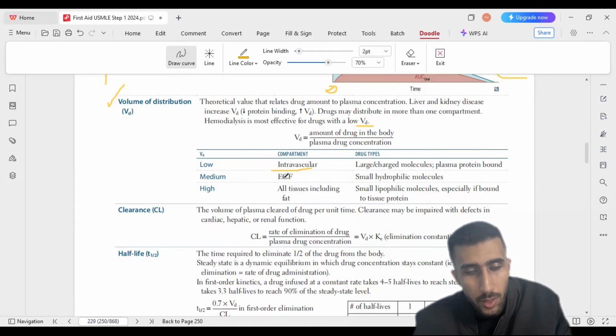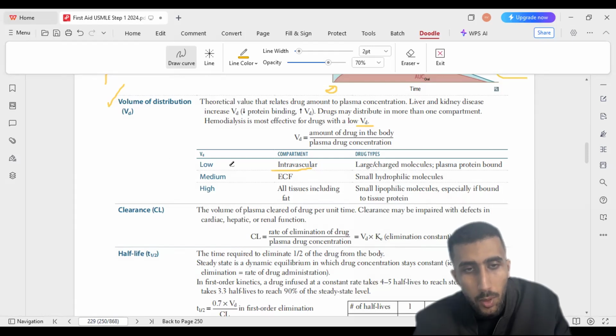Versus if we do hemodialysis for a drug which is not in the intravascular compartment, which is in the extracellular fluid or in all the tissues like fat, it is not going to be very effective for a drug with high volume of distribution.